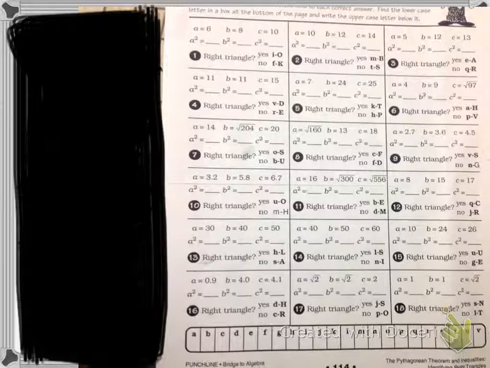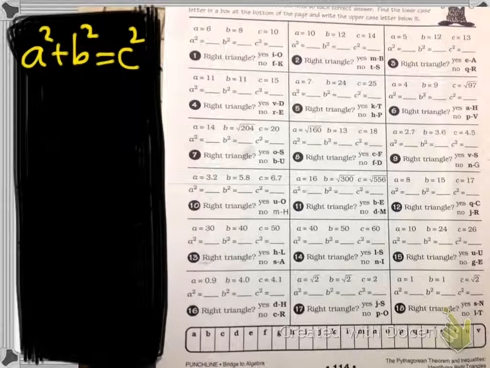Okay, so what you have to do is decide if these numbers make a right triangle. So the way that you're going to know is if you have a squared and b squared, and if you add them, it should equal c squared. So let's try number 4 right here. This one. Pittsburgh Steelers colors.